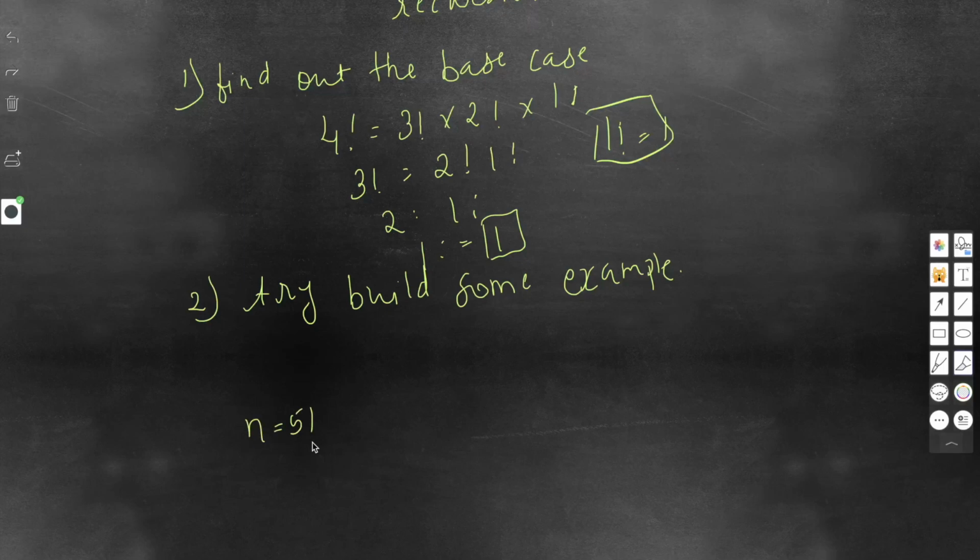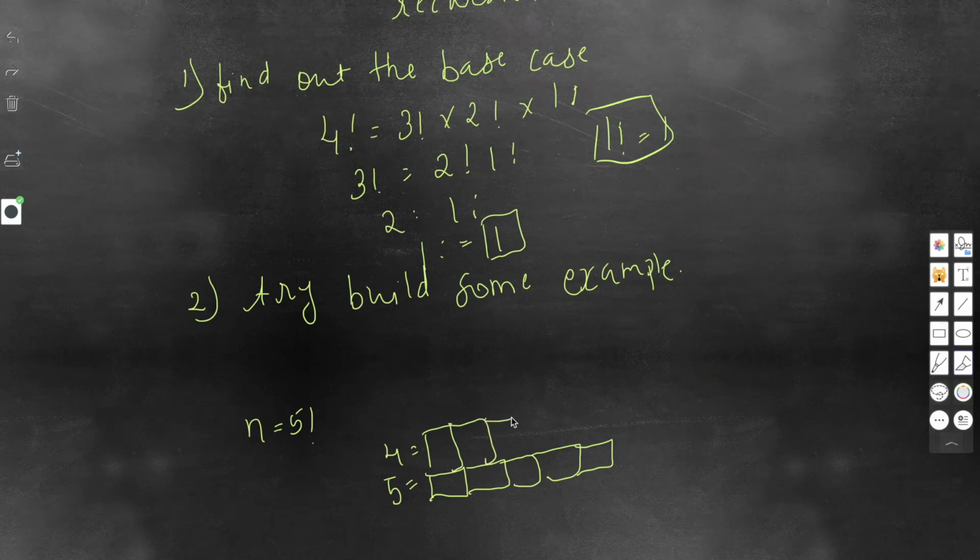So randomly what I will do, I will draw 5 boxes, 4 boxes. I'm just trying to visualize this problem using a diagram.